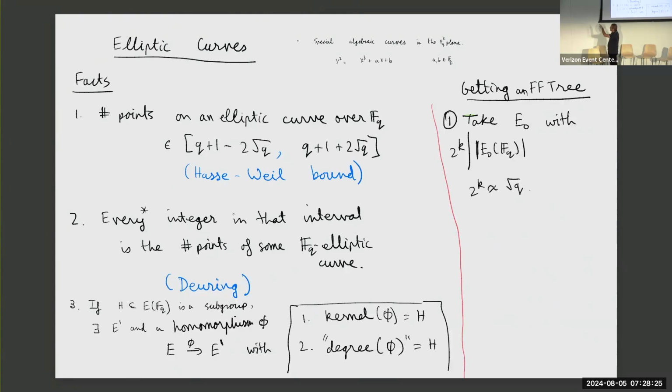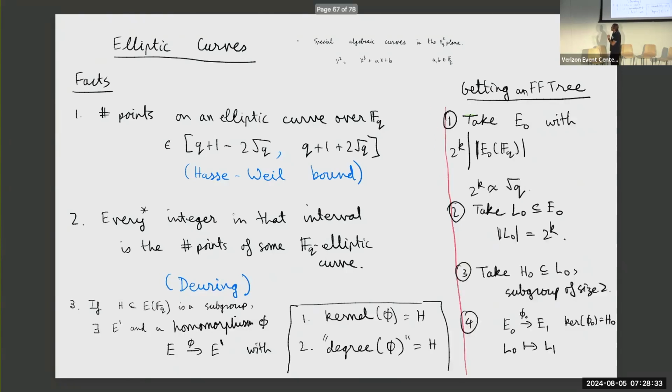So we can take an elliptic curve whose size is divisible by a large power of 2, of about size square root q, and within that you can take the subgroup L0 of size exactly 2 to the k, and based on this one can produce a sequence of subgroups within that, which simulates the n over 2th roots of unity and the n over 4th roots of unity and so on.